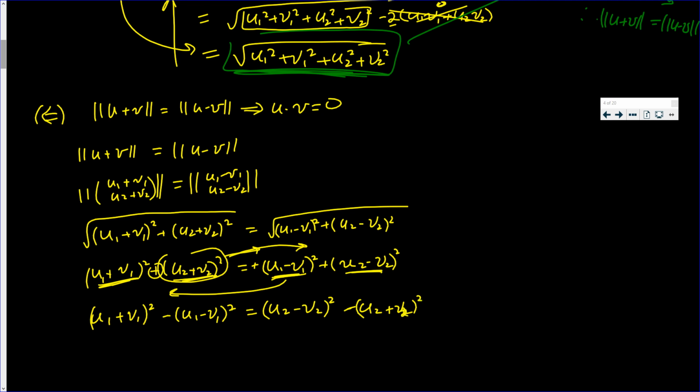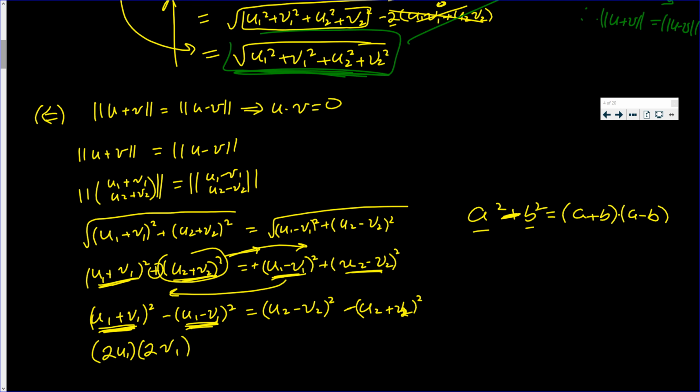Now remember, whenever you have a squared minus b squared, you add the a and the b, and you subtract the a and the b, and you multiply the result. I have a squared minus b squared. I add these two, I get 2u1, times, I subtract the two, this minus that, you get 2v1.